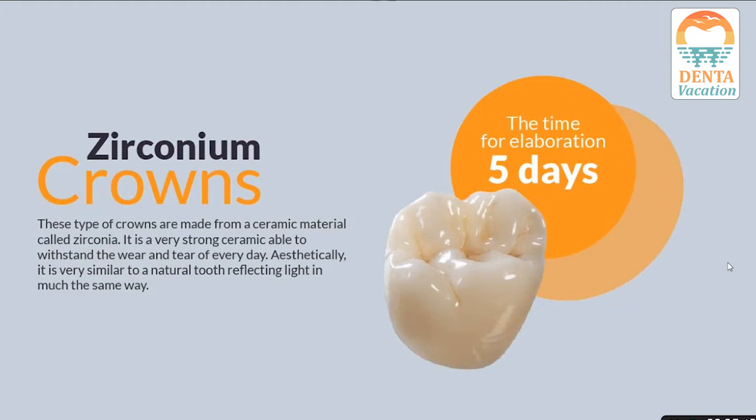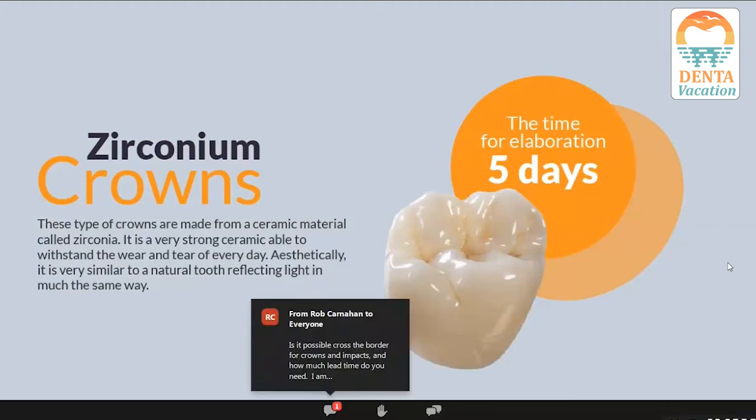For example, when we finish this type of crown and make the cementation, you cannot see any metal line between the gum and the crown. So it fits very perfectly, and it seems like it's your own tissue.